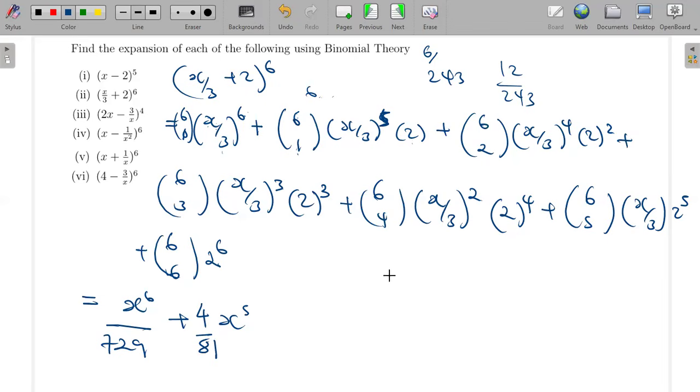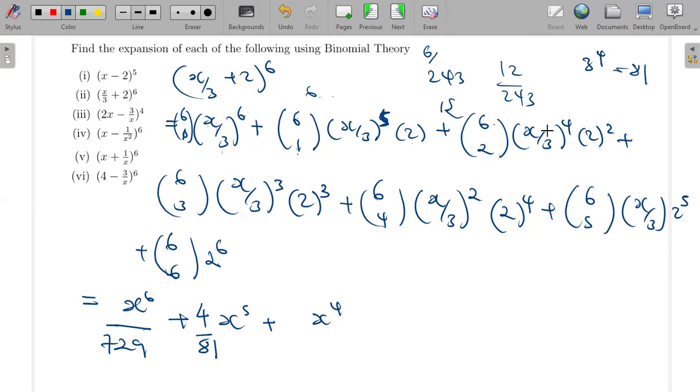Okay, and then next you do that one, you see that you're just going to end up having 6 choose 2, that's going to give you 15. So this here is 15. And then you have x to the 4th, and then 3 to the power of 4, there gives you 81. And then 2 squared is what?